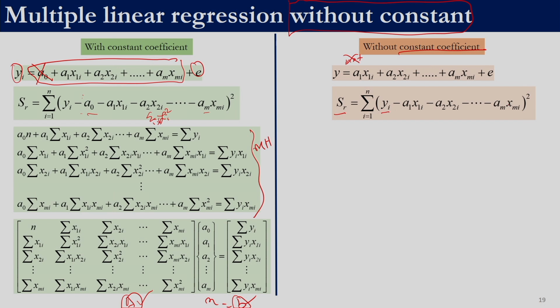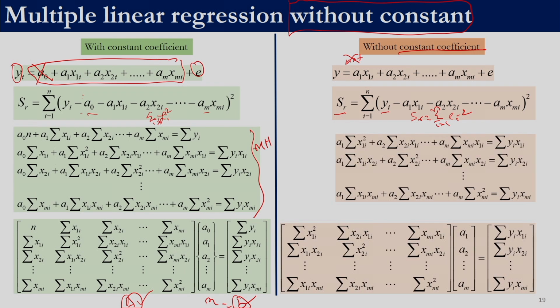So, yi minus the value obtained from the model is ei; square it up and sum it for all the n data points. That is the same thing. In this case, we need to differentiate only m times: dou sr by dou a1, dou sr by dou a2, dou sr by dou a3, all the way up to dou sr by dou am, and equate it to 0.